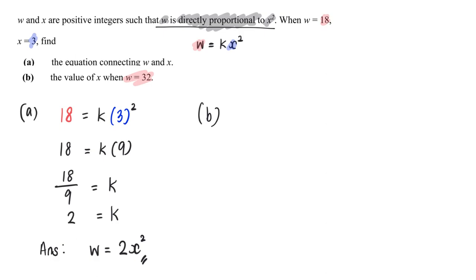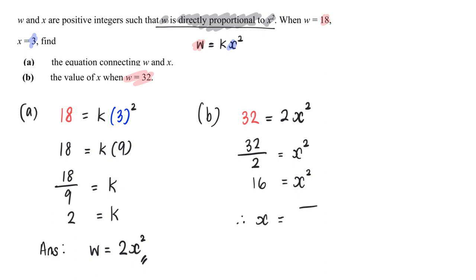All we have to do is to substitute 32 into the formula or the equation, and we will then be able to solve for x. Okay, so I'm going to divide by 32 on both sides to find my x squared, this will be 16. And therefore, in order to find x, I just need to square root 16.